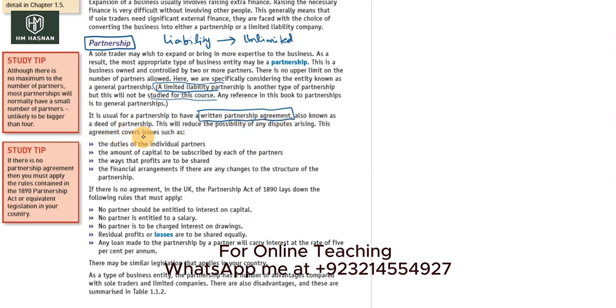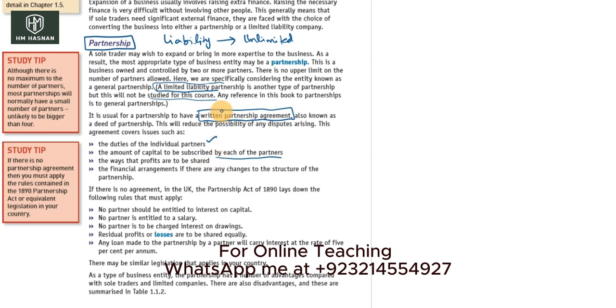This agreement covers issues such as the duty of each individual partner, the amount of capital to be subscribed by each partner, how much capital or finance is contributed by each partner, and the way the profit is to be shared, either 50%, or based on capital invested, or based on services provided.